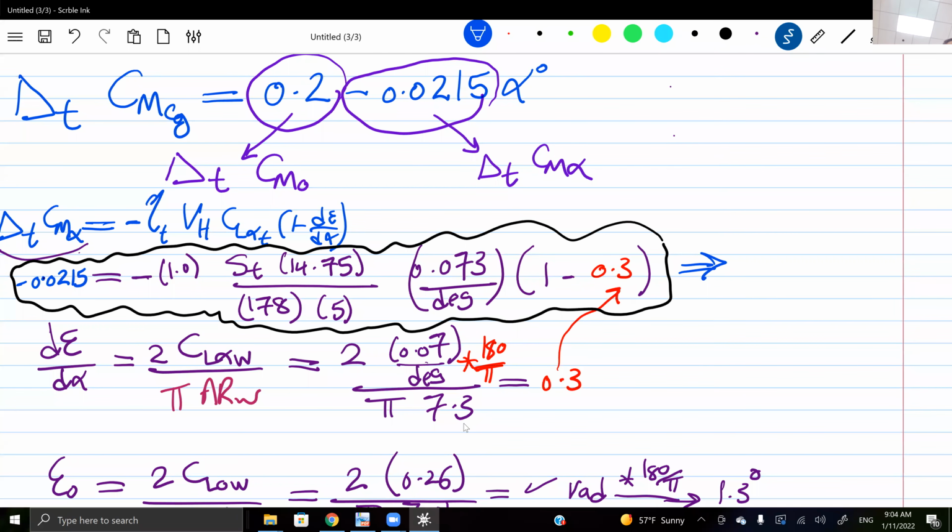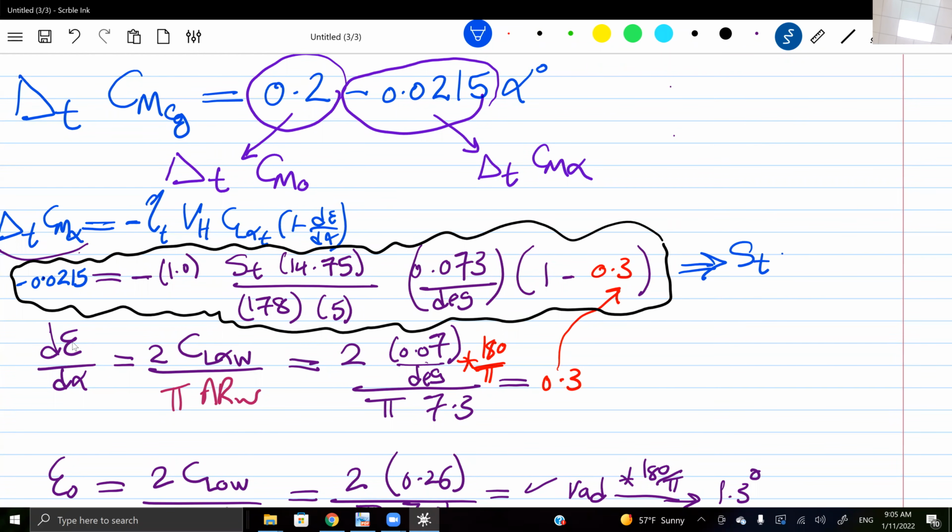So I'm glad about this discussion. You now got the sense that it's really the area of the tail that affects the CM alpha, the stability. CM alpha is the stability parameter, right? So you make it larger, and it's linear. Look at this, it's linear. Simply you increase this thing, this is increased.